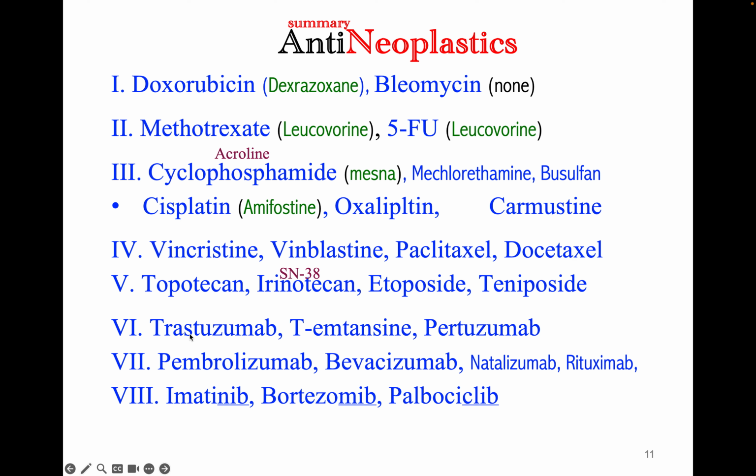That means if a patient has a cancer which is positive for HER2, HER2 means human epidermal growth factor receptor. So it's a growth factor. Keep in mind, about 70% of breast cancer is ER positive.